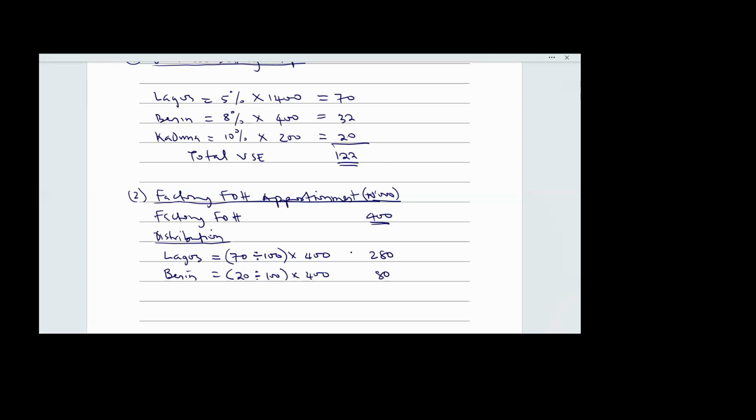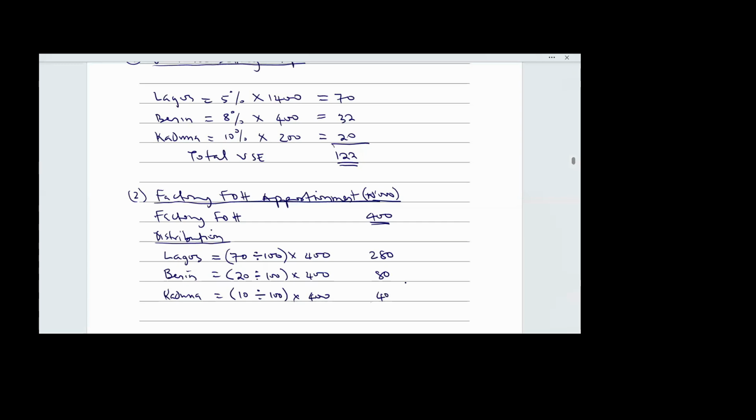Then for Kaduna, 10,000 out of 100,000, multiplied by 400, gives 40.